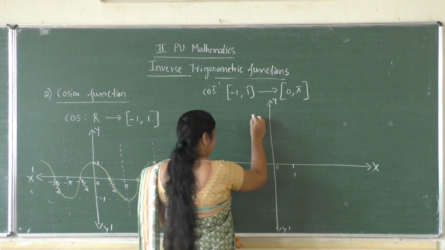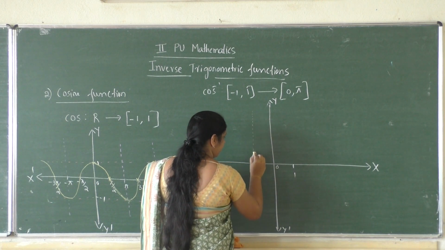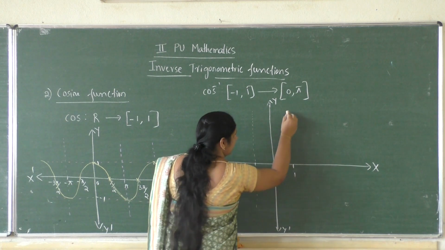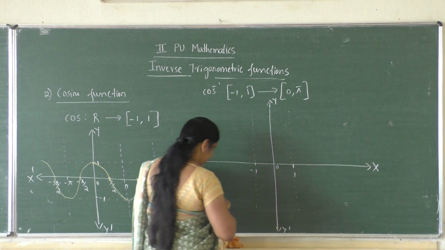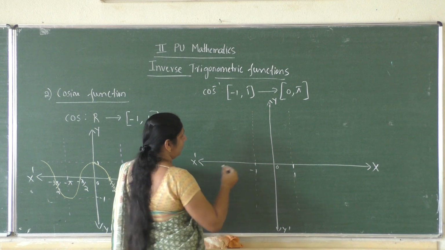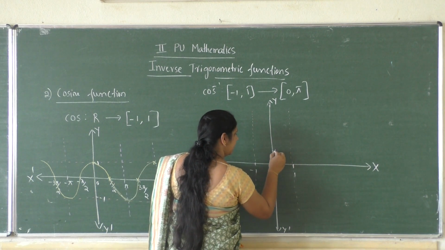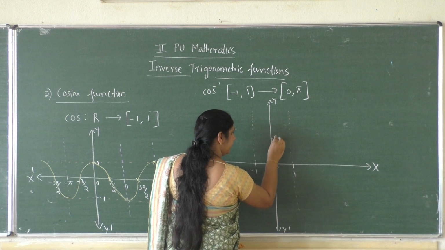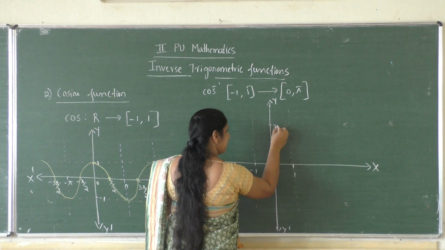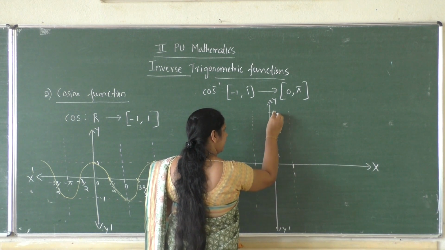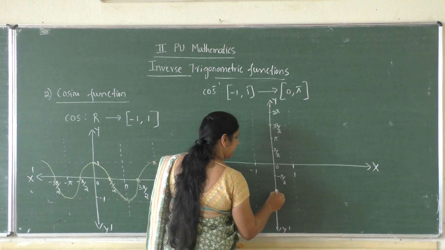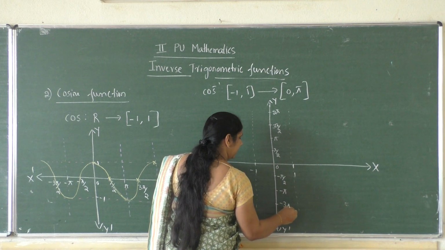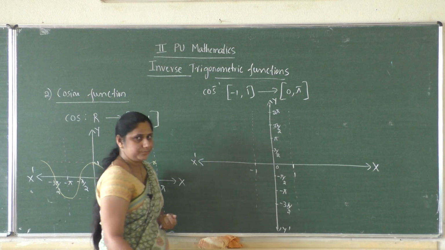I will draw one line each so that the graph should not exceed these lines. Next, along the y-axis you have to take the radian measures, that is pi by 2, pi, 3 pi by 2, 2 pi. Here it is -pi by 2, -pi, -3 pi by 2, and so on.